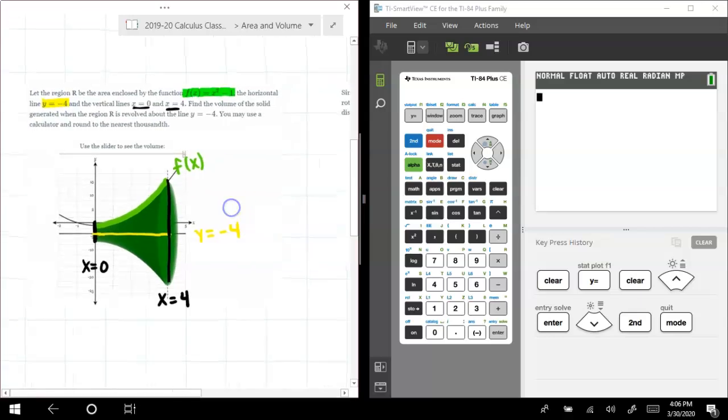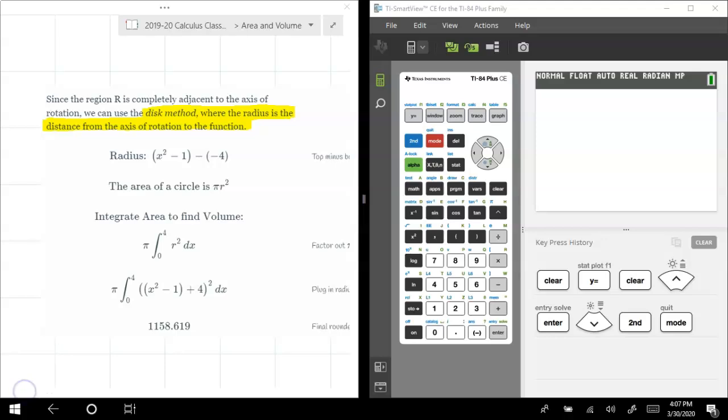So we're going to go from 0 to 4 along the x-axis. We know that much. Since the region R is completely adjacent to the axis of rotation, we can use the disk method, where the radius is the distance from the axis of rotation to the function.